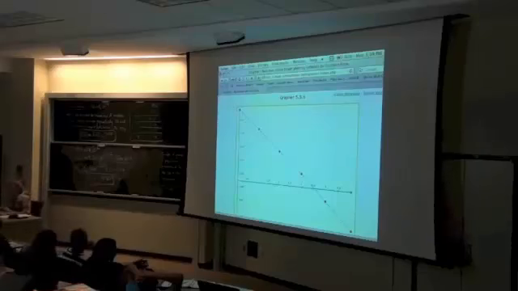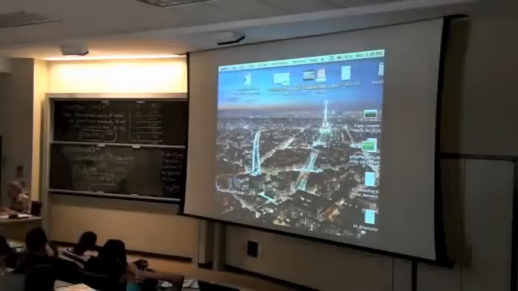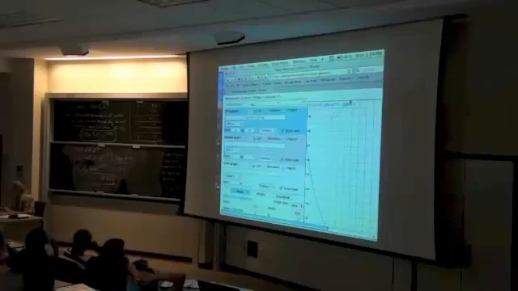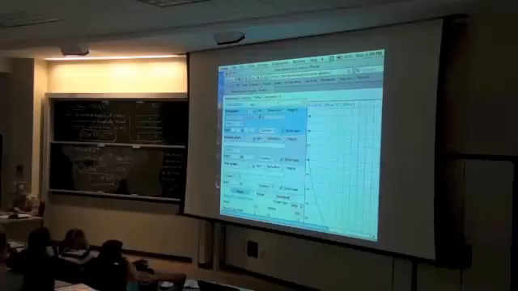Another thing, here's a very simple to use plotter. This 0.57 is, that's right.